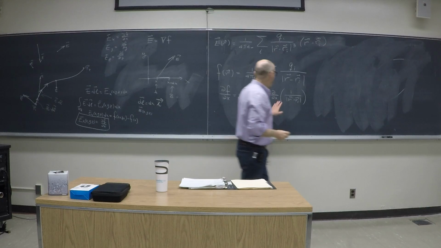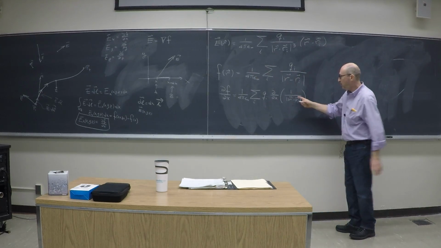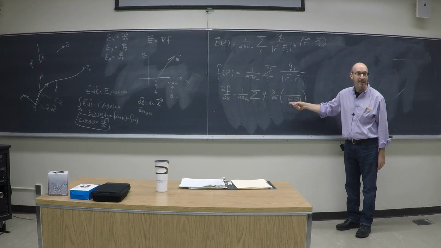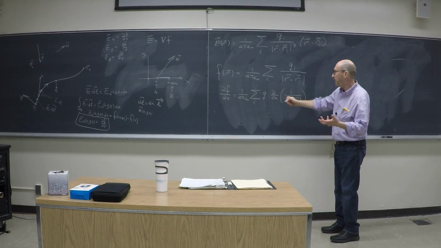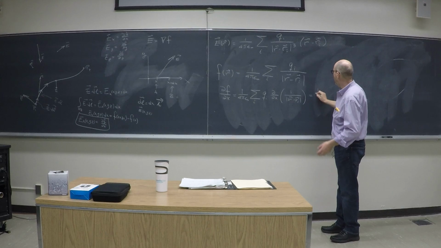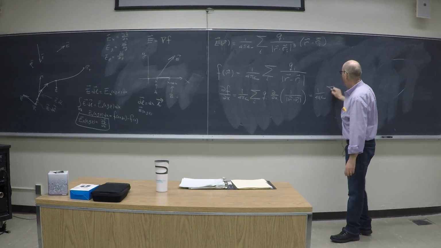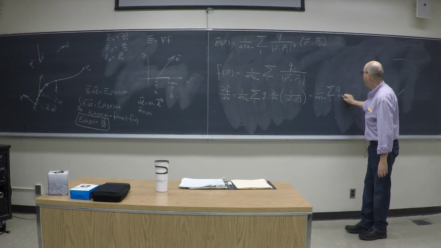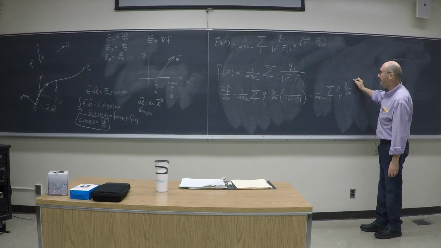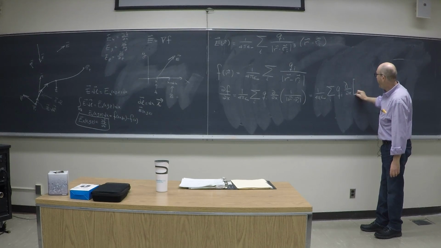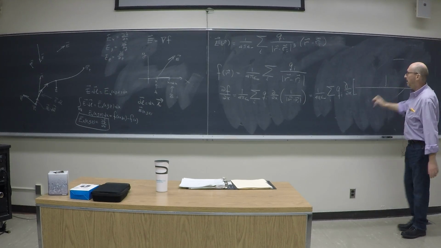Okay, so it's not yet clear how to take the derivative, so let's make this term explicit, let's show the x so we can take the derivative. So this is going to be 1 over 4 pi epsilon 0, sum over i, qi, and then the derivative with respect to x. Okay, and now what is that?